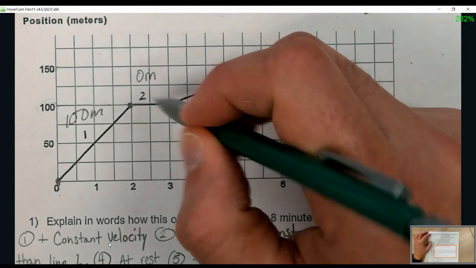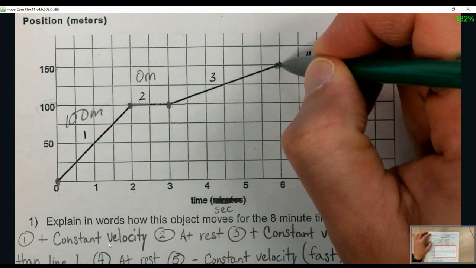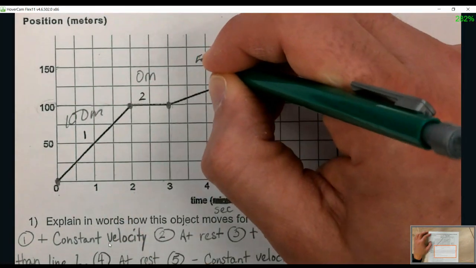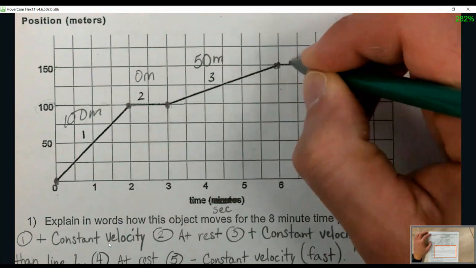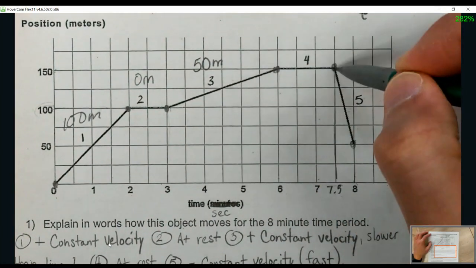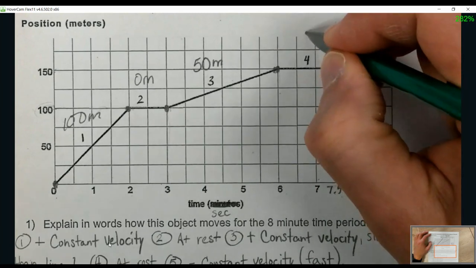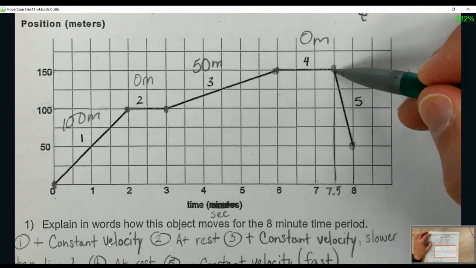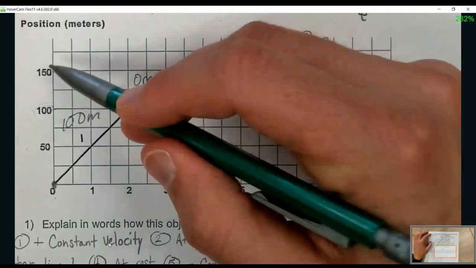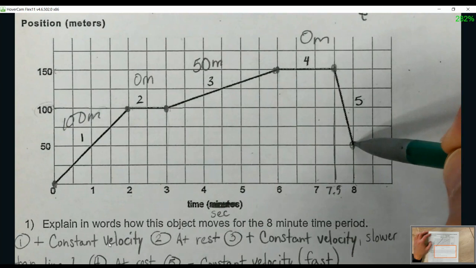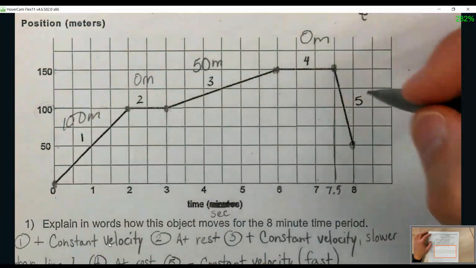Line segment 3, you went from 100 to 150, so you moved a total distance there of 50 meters. Line segment 4, you were at 150, you stayed there, you didn't increase or decrease, so that is 0. And then line segment 5, you were at 150, and you came all the way back down to 50. So that difference is 100.